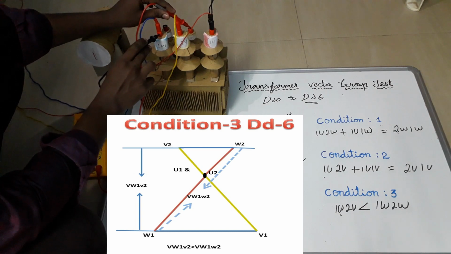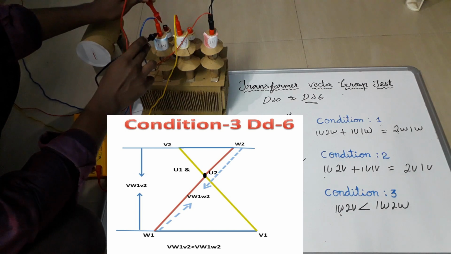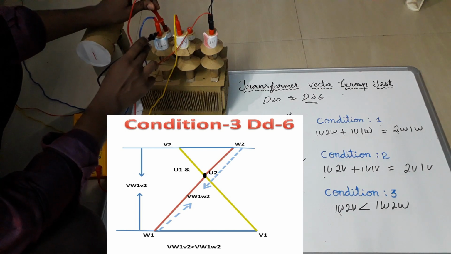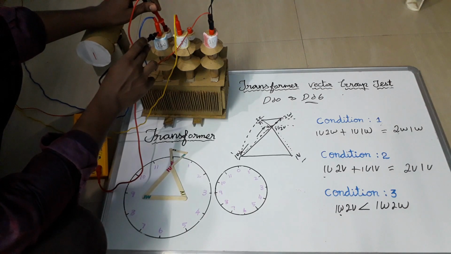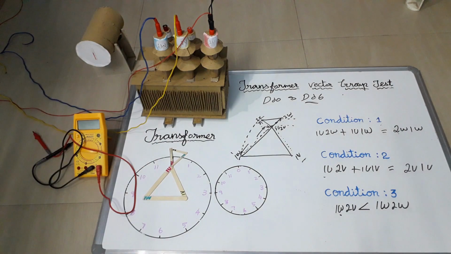This value should be lesser than when you go for measuring HV side 1W 2W, that is HV side B phase and LV side B phase. This should be greater than the previous value. If all these three conditions are satisfied, then your vector group Dd6 is okay, it gets pass.